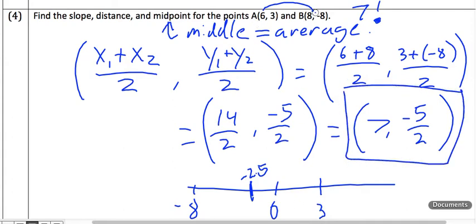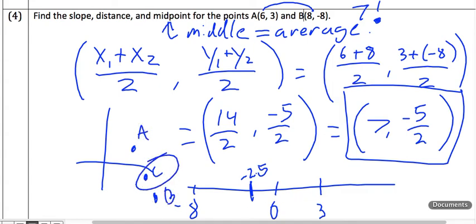If you plotted these 2 points, and then you plotted this point, it should be right in the middle of those 2. It would be kind of right about there. That would be our new point, our C. A, B, C, the midpoint. All right. That's number 4.